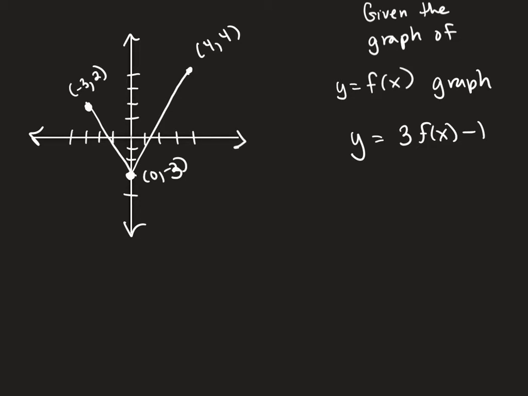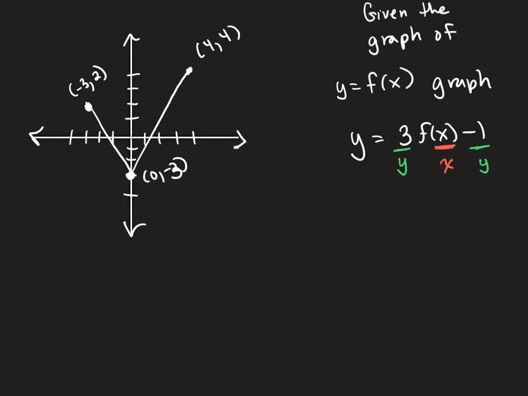So the first one I have is I want to take this graph of f of x and make the graph of y equals 3 f of x minus 1. Now the key thing with transformations: anything that's happening inside the function, inside the parentheses, is going to influence the x. And anything that happens outside the parentheses is going to influence the y.